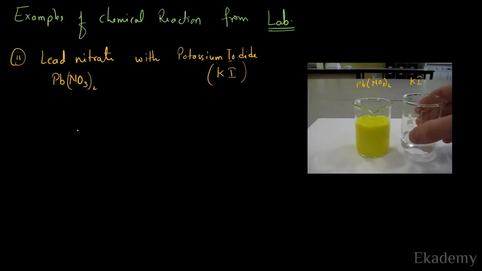What is happening over here is lead nitrate, when combined with potassium iodide, new substances are getting formed here. So one is this yellow colored substance, lead iodide, and the other substance which gets formed, which is a colorless substance, is potassium nitrate.